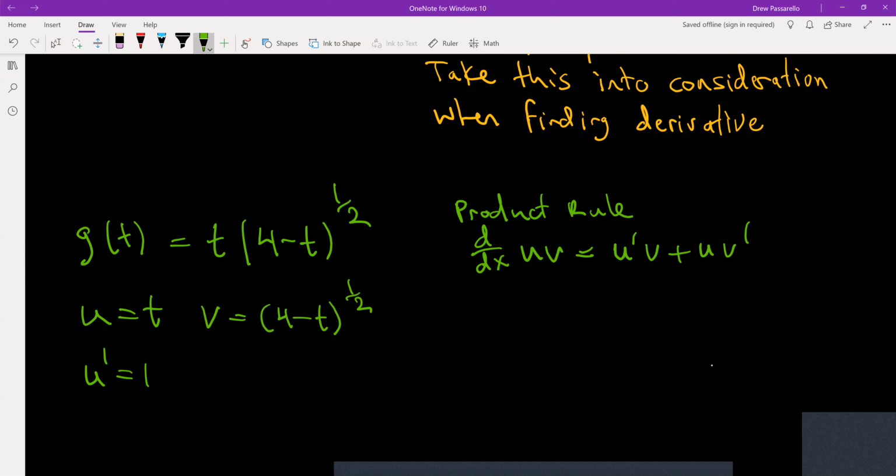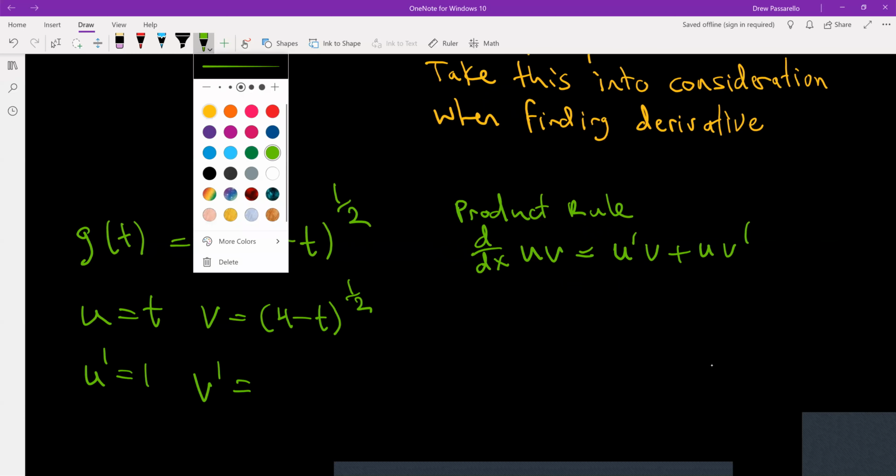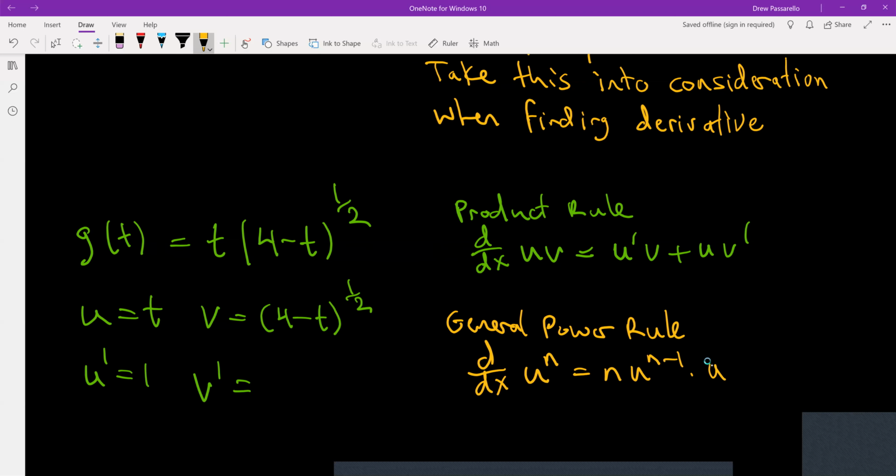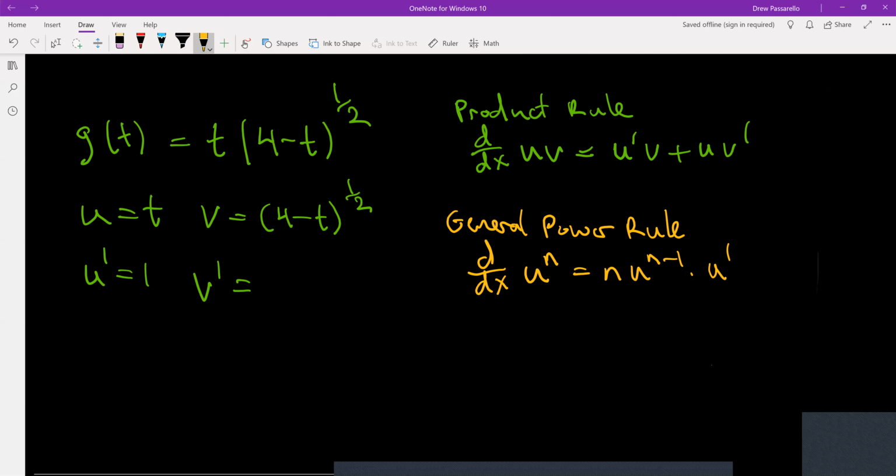And v prime, so I use the general power rule, which I guess I'll go ahead and just write that, which is really application of the chain rule. All right, that's the general power rule.